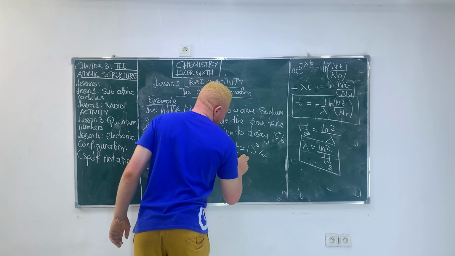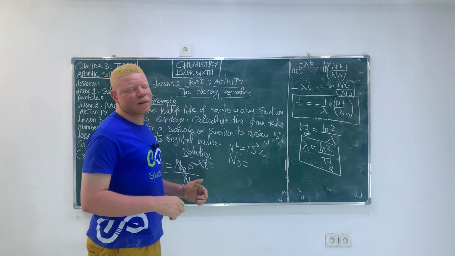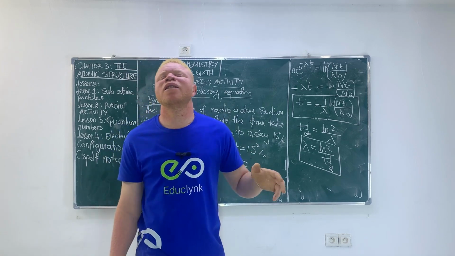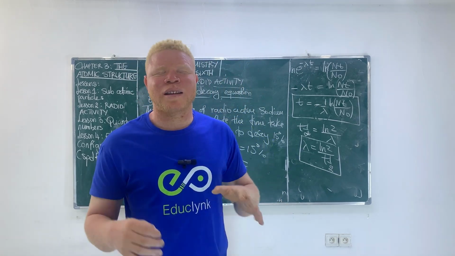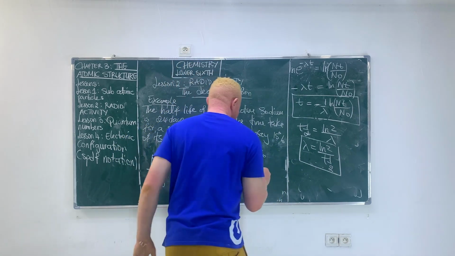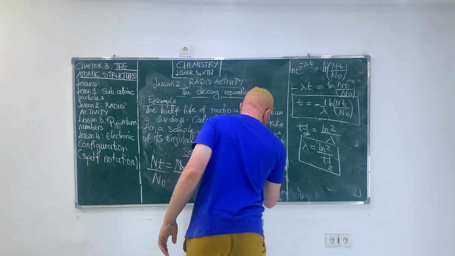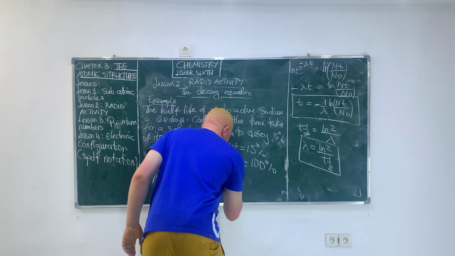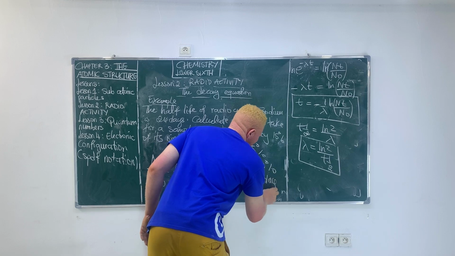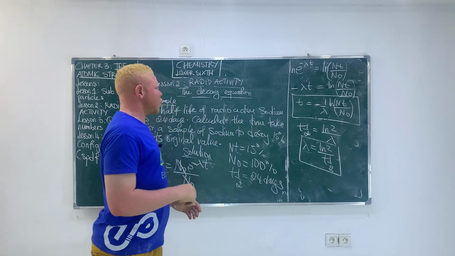They have not given N_0, but you need to know that it's percentages, and the sum of all the percentages is 100. So N_0 is 100%. They gave us a half-life: T half is 24 days.